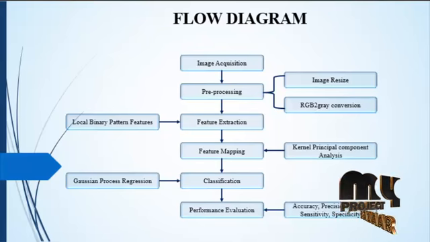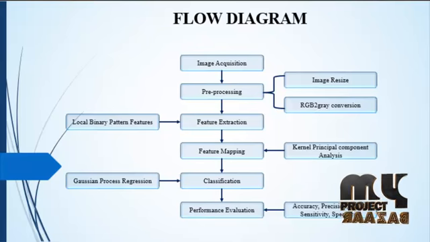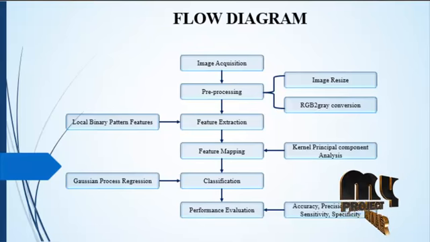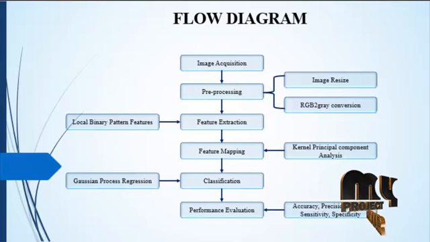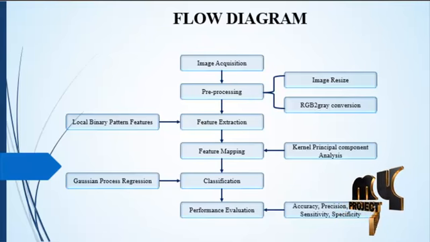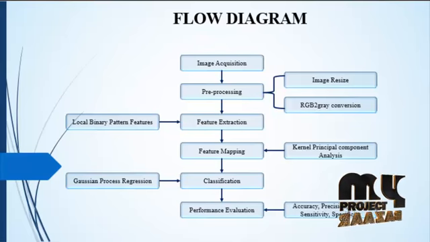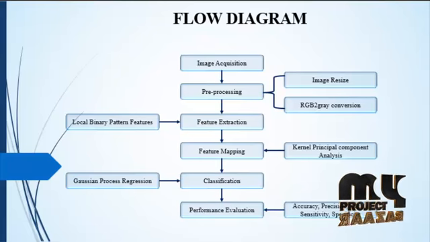After that, the classification. The classification is done by using the Gaussian process regression method. We apply a Gaussian process regression to model the classification as a Gaussian process by imposing Gaussian priors on both data and hyperparameters. The GPR is based on a non-parametric Bayesian methodology which models the classification as a Gaussian process.